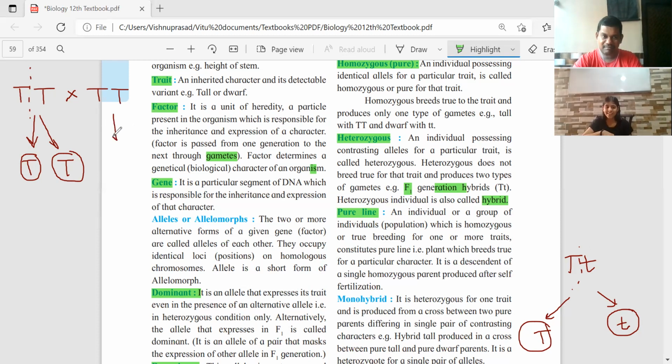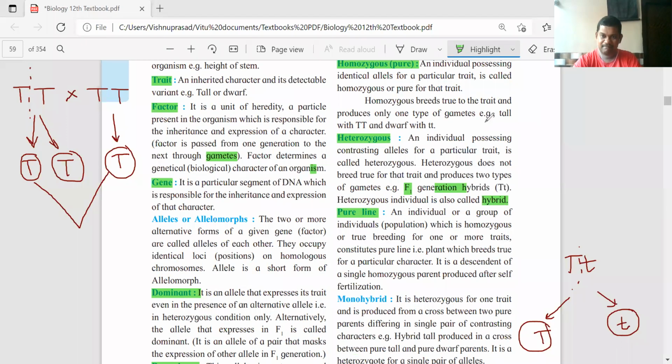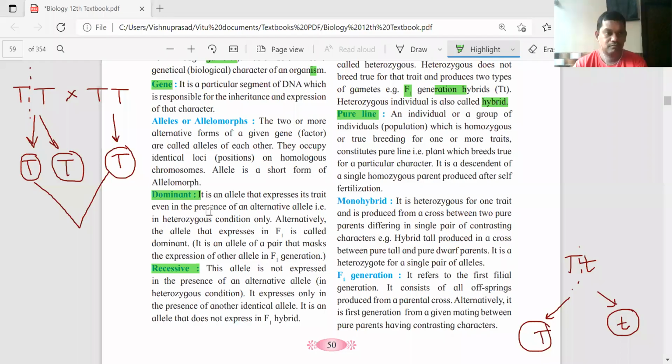Now come back to this. Here also only one type of gamete is formed. Whenever during fertilization the gamete of one parent fuses with the gamete of the other parent, the offspring produced will have genes from both the parents.